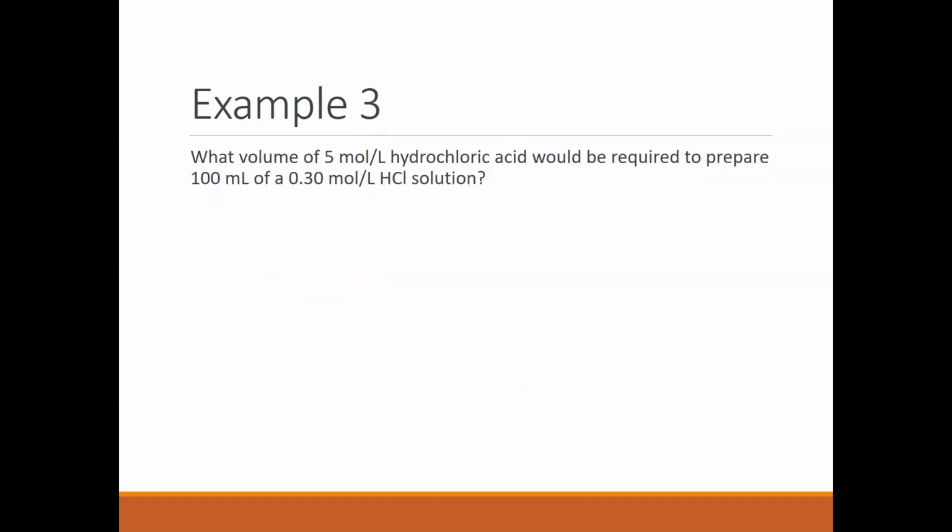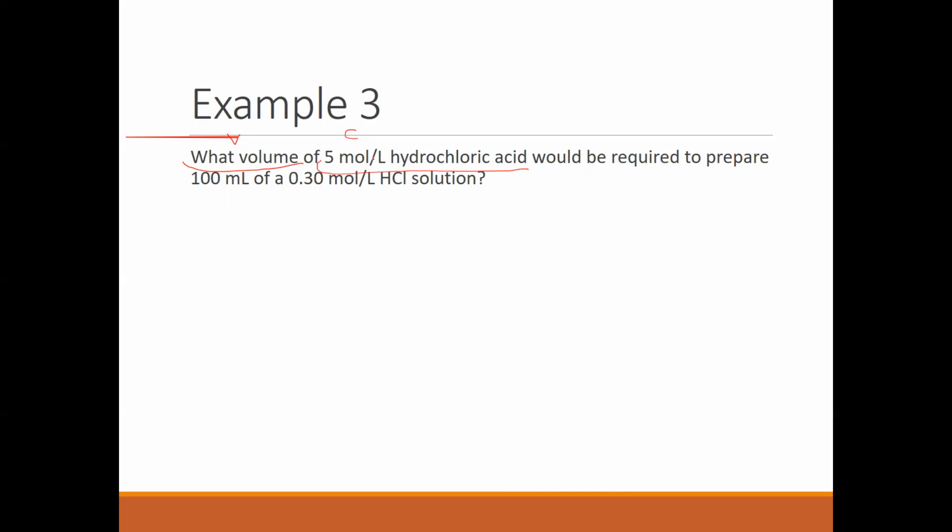Okay, and the third question is: what volume of 5 mole per liter hydrochloric acid would be required to prepare 100 milliliters of 0.3 mole per liter HCl solution? We have the concentration of the hydrochloric acid, and they're asking for its volume.